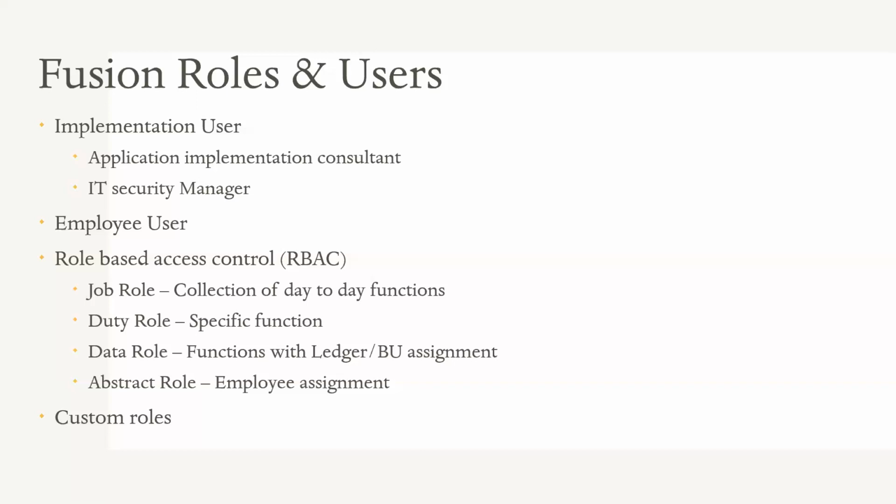How will these be different? Employee user can do only transactions in the system, whereas he will not be able to access any part of the setup. What is implementation user? Implementation user is meant only for the setup or to implement the offerings.